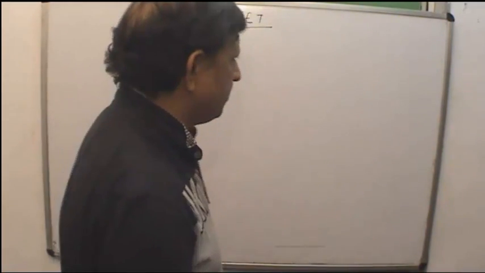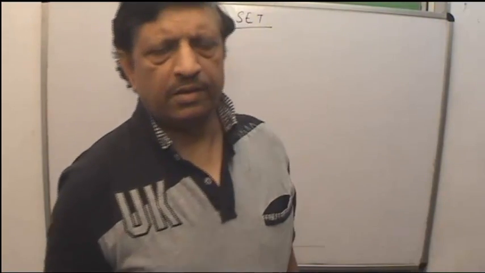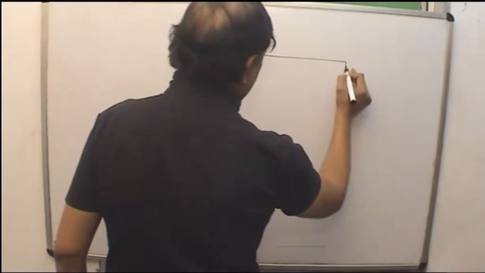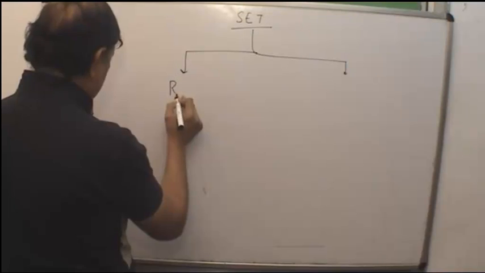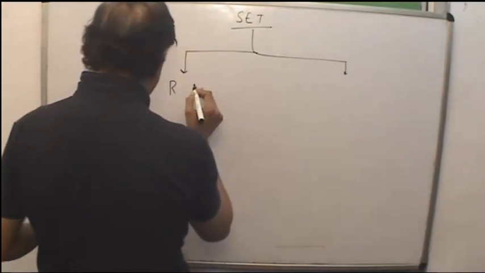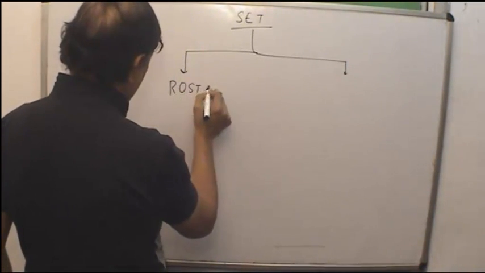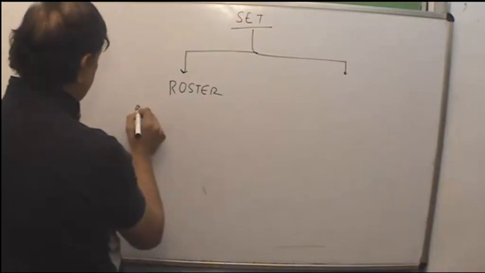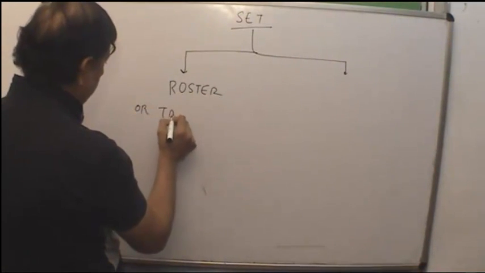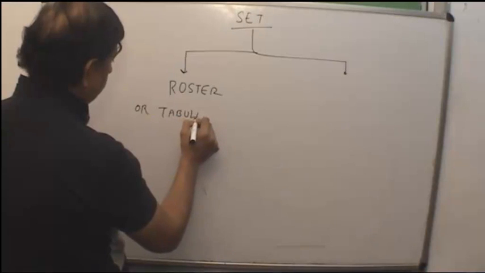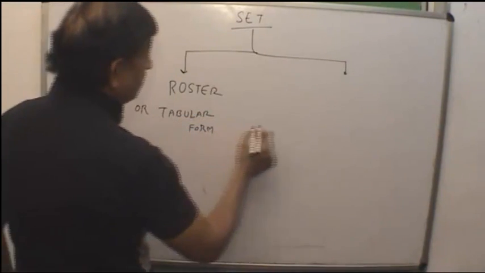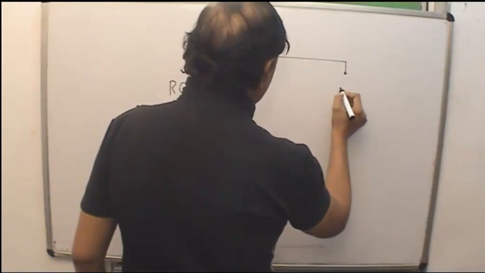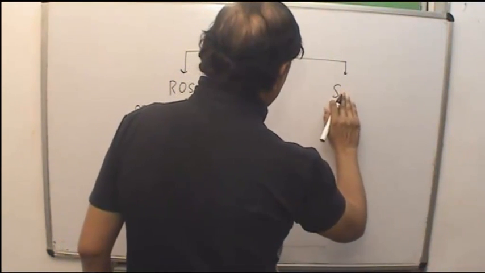We can represent it in two forms: the roster form, or we say the tabular form, and second, the set builder form.